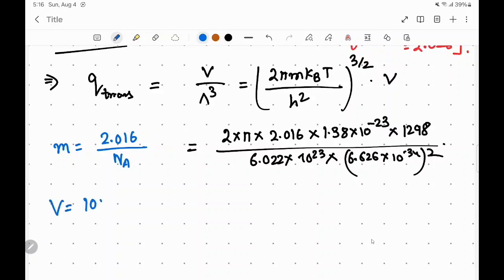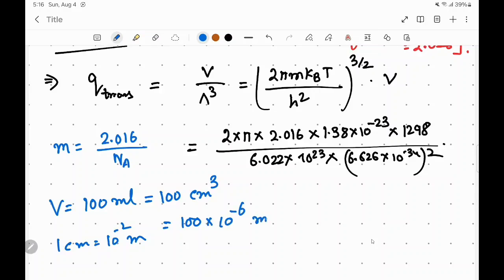V is 100 ml, which equals 100 centimeter cube. Now 1 centimeter equals 10 to the power minus 2 meter, so it will be 100 into 10 to the power minus 6 meter cube, which is eventually 10 to the minus 4 meter cube.